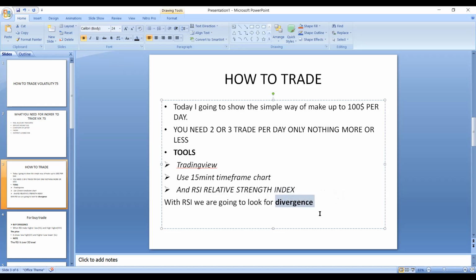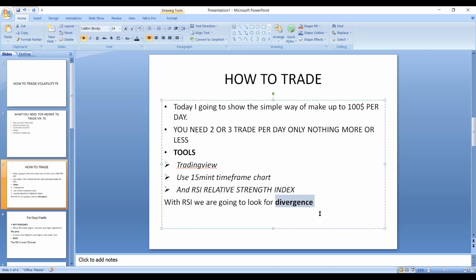Shortly, divergence is when the RSI shows a difference or gives you a future prediction of the market before the price turns. Maybe the market is going high and then the divergence shows you that the market is going down.